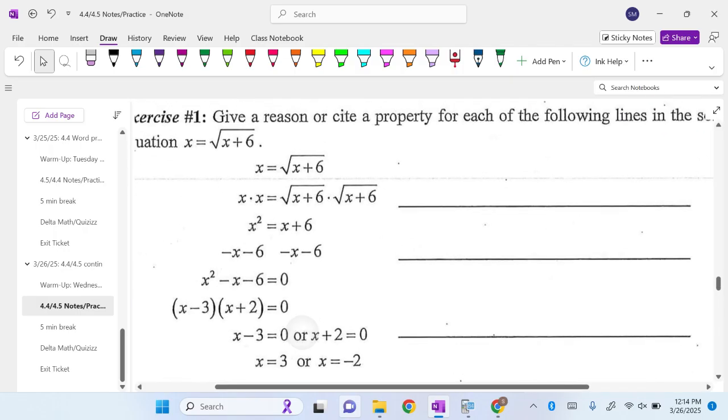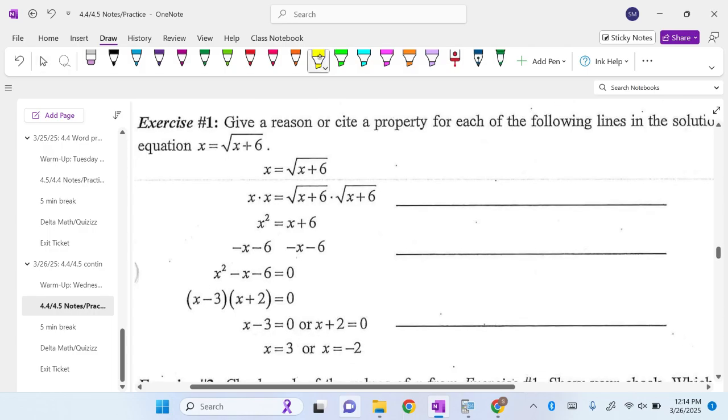So this is the original, x equals square root of x plus 6. The first thing that they do is multiply one side by x and the other side by the square root of x plus 6. What property allows them to do that? The multiplication property.